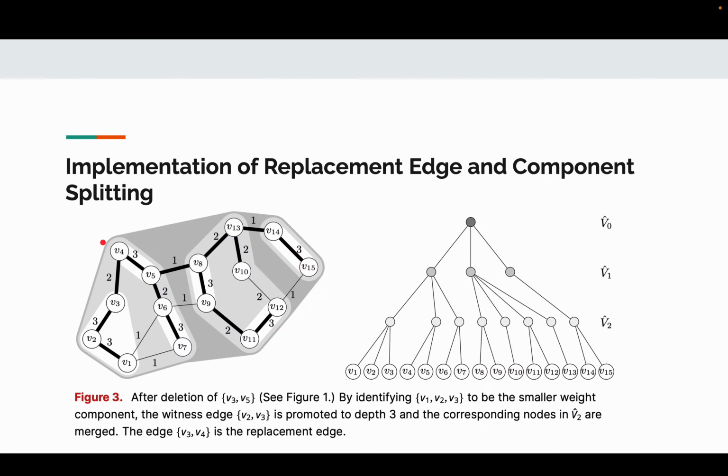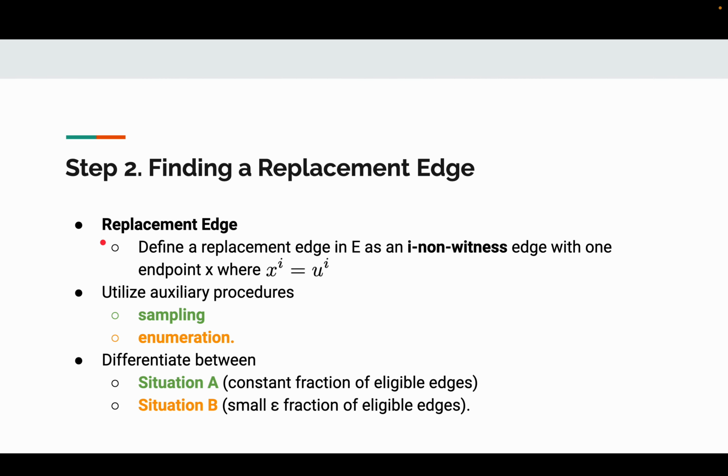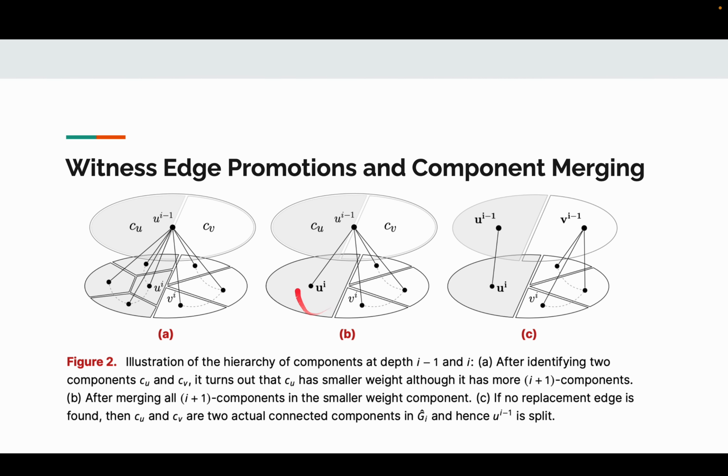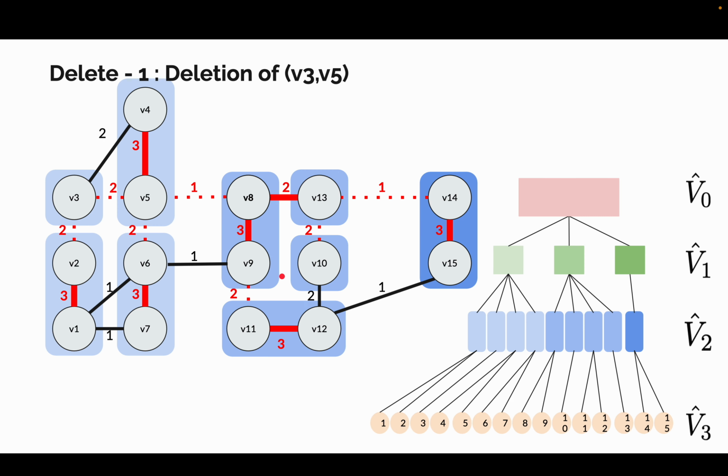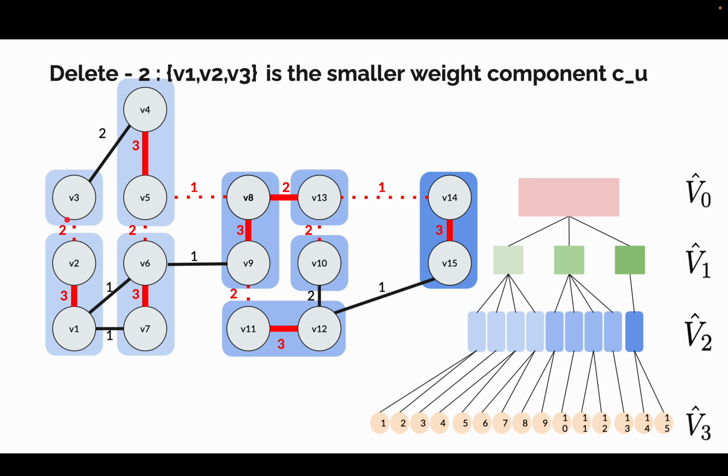So what's the next step? The next step is to merge all the connected components within the smaller CU. Okay, so let's merge. We already know that CU is this one and CV is this one. So we merge.